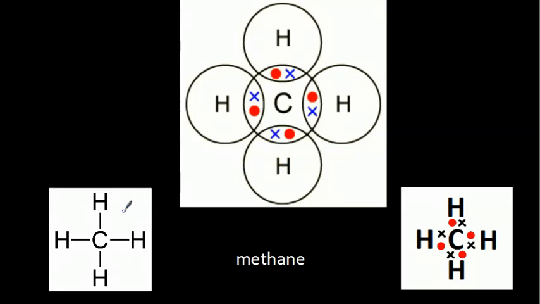You might be asked to draw it as these sticks, these lines between the atoms, or you might be asked to draw it just as very simple dot and crosses between the atoms to denote the shared electrons. So I think we've pretty much covered simple covalent molecules just as a very quick refresher.